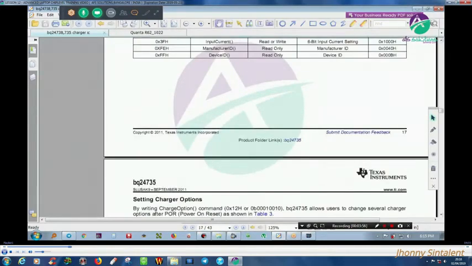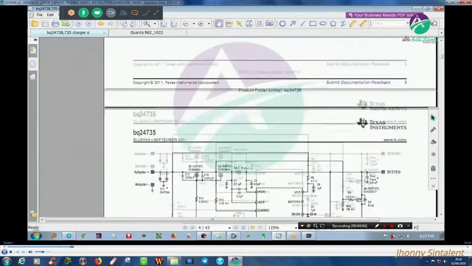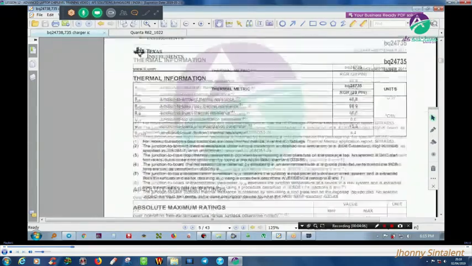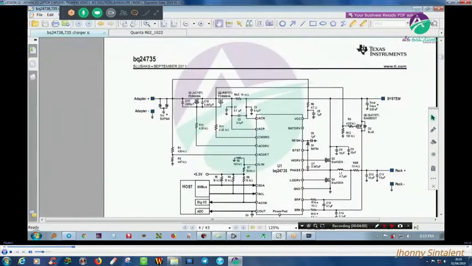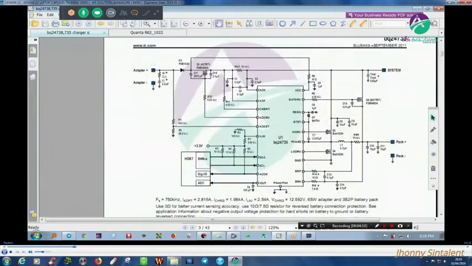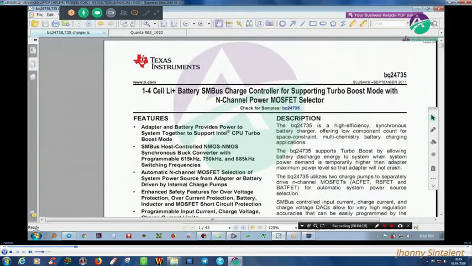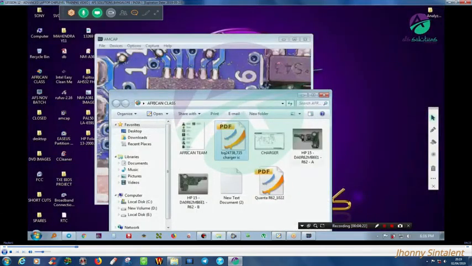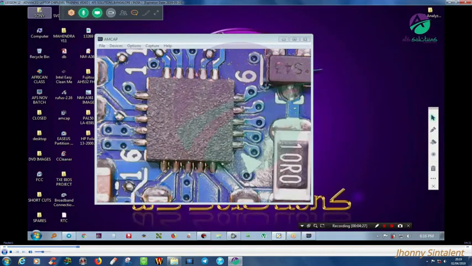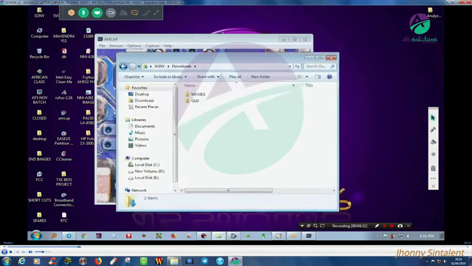So let me go a little bit up. I have one 735. Let me see if I have any other. Where did I download it?